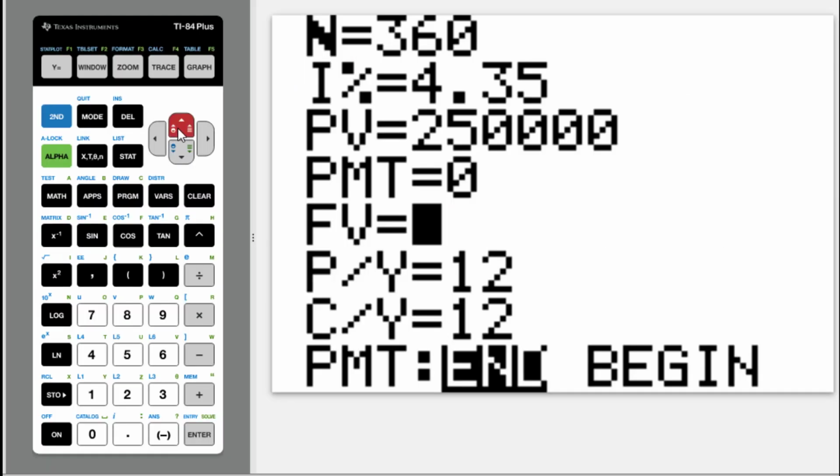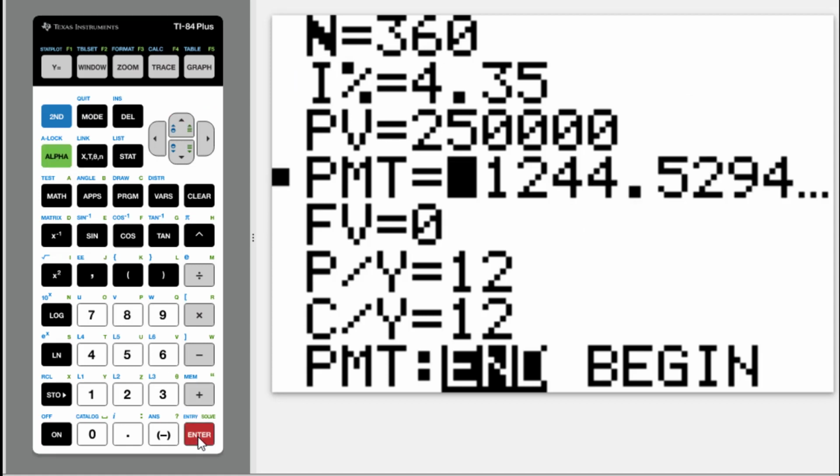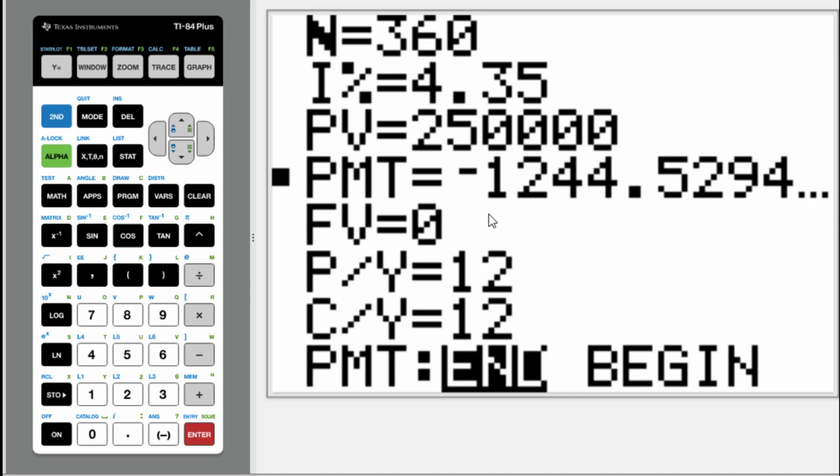Then go back to this PMT. We do alpha, enter. You will get negative 1,244.5394. Remember, you need to round up for this PMT.